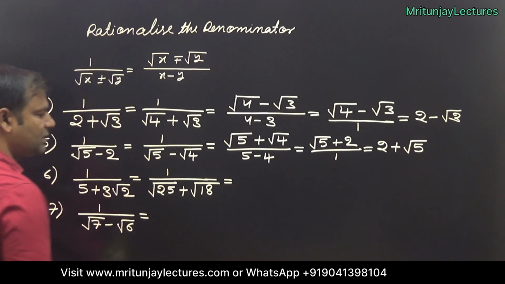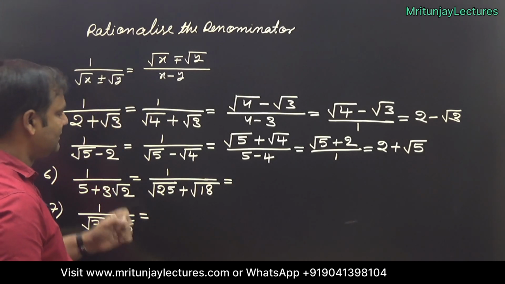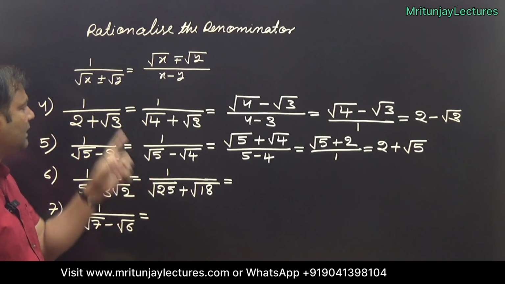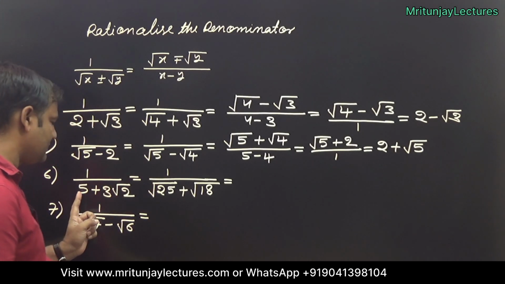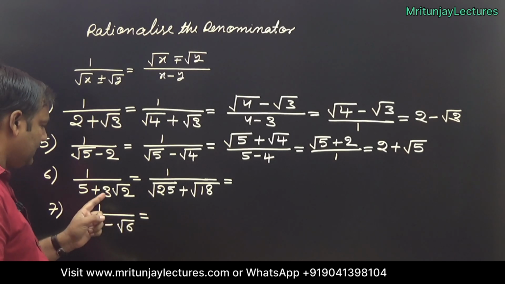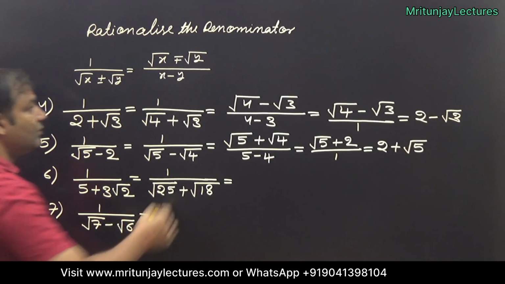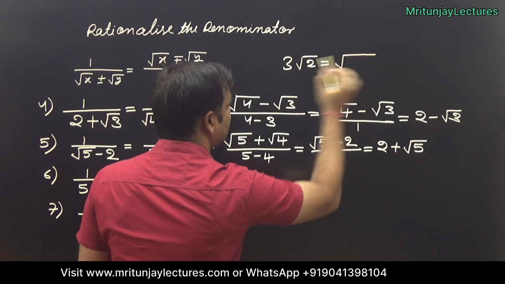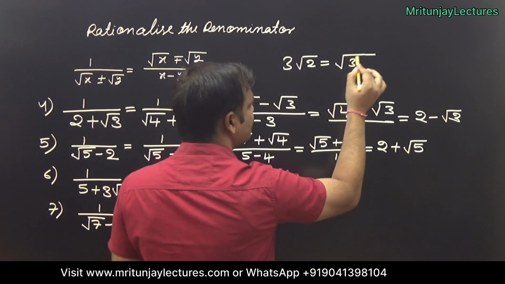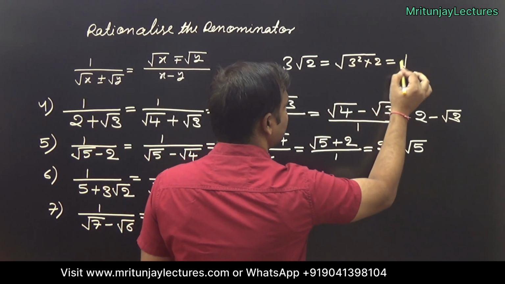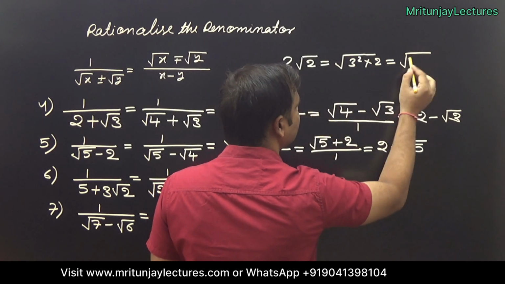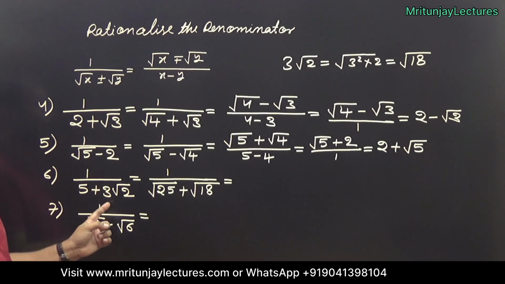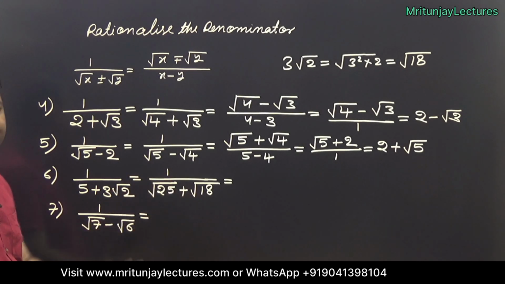If you want to convert it, basically if you want to apply that formula, 5 is written under root as root 25, and 3 root 2, if you want to write it under root, is 3 square into 2, that is 9 into 2. How much is that? 18. So that's why it is written as root 18. It is also clear why 3 root 2 is written as root 18.